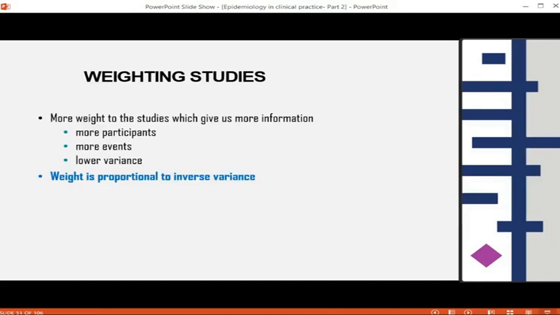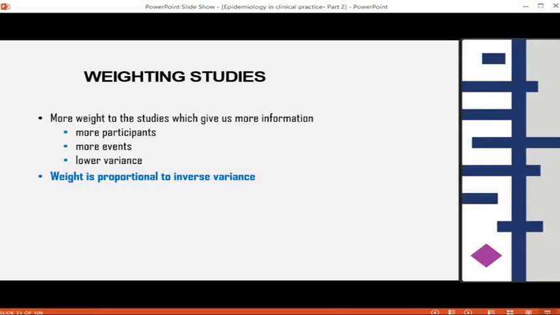So I find it simplest to understand by saying a study which has a narrow confidence interval has a lower variance, and that study will get more weight. If you have a study with a wide confidence interval, then the variance is likely to be high, because the participants are fewer and the number of events were not very many, so the confidence intervals are wide. And that study will get lower weight.